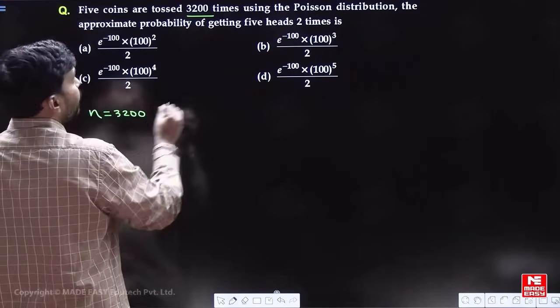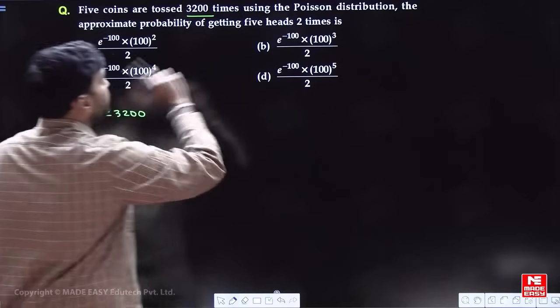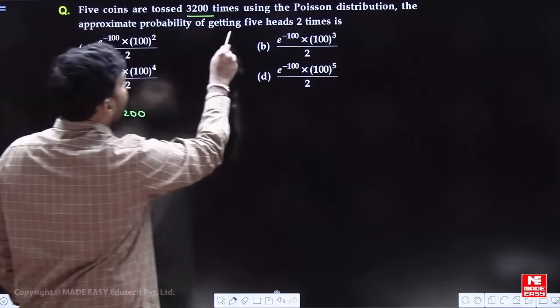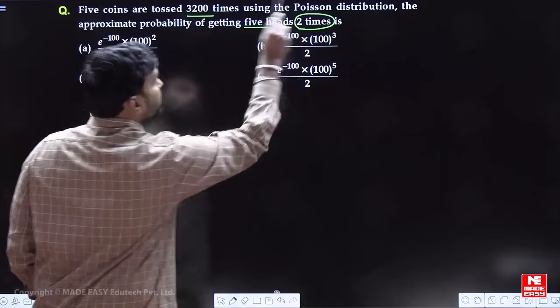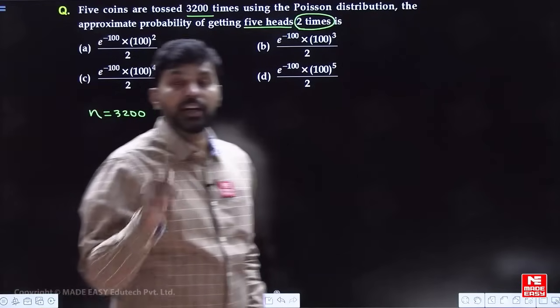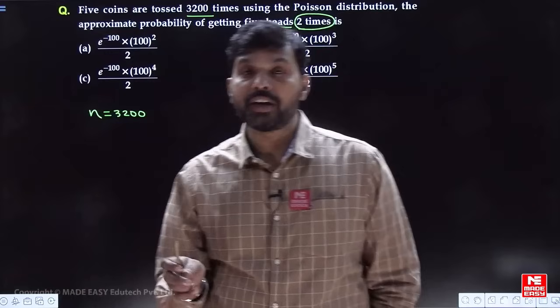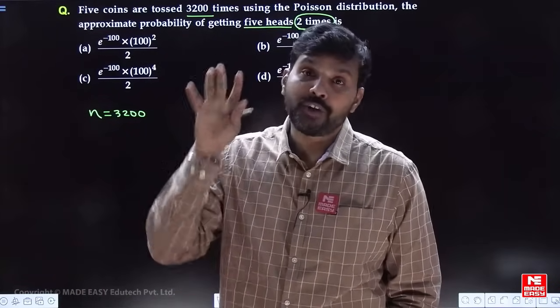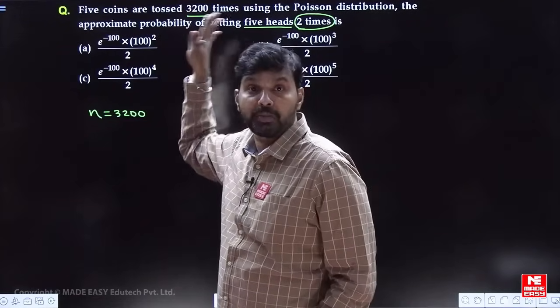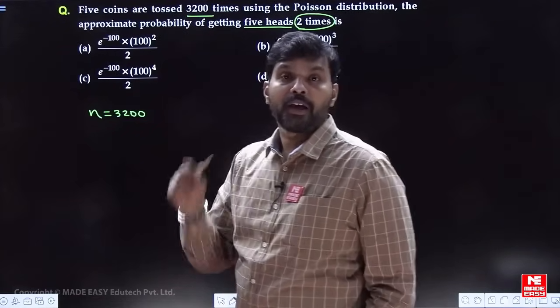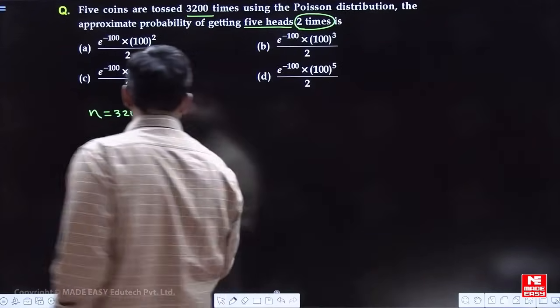Using the Poisson distribution, the approximate probability of getting 5 heads exactly 2 times. So exactly 2 times you have to get 5 heads in 5 throws out of 3,200 times of tosses. Okay. So what is the event here?